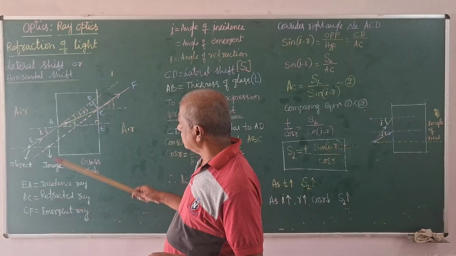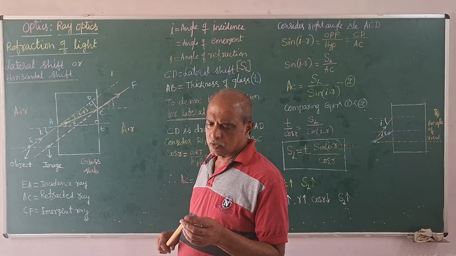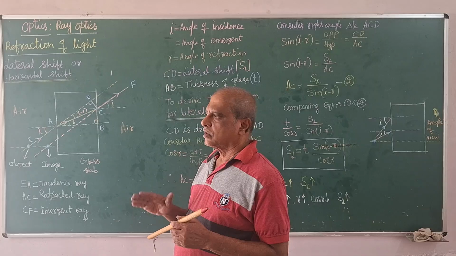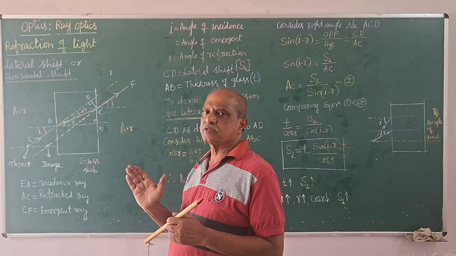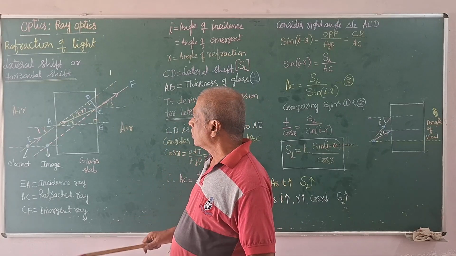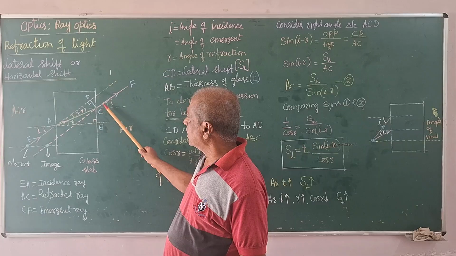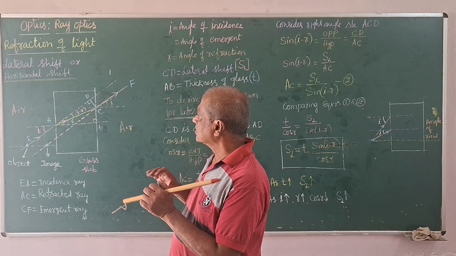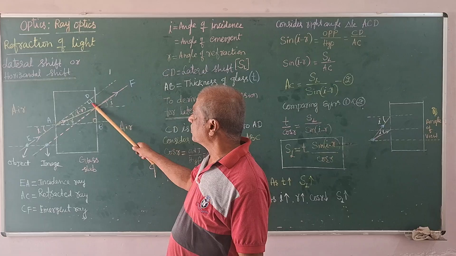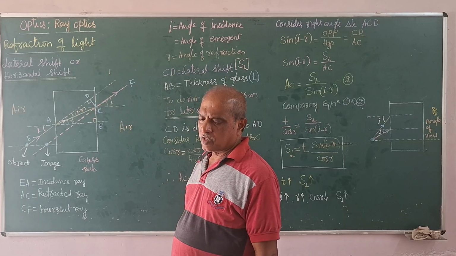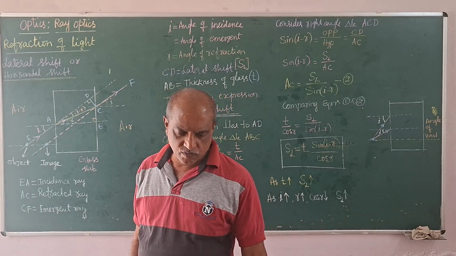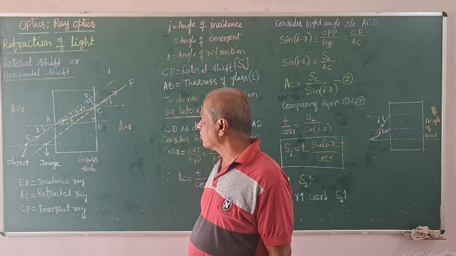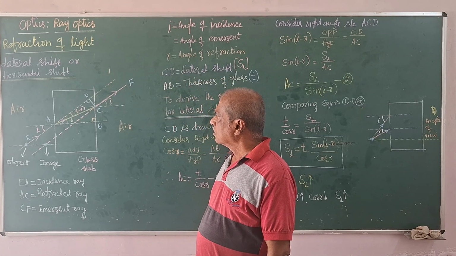This is a phenomenon. The lateral shift means the shifting of a light ray sideways due to this glass slab. This distance of separation, or lateral shift, can be expressed in the form of an equation.